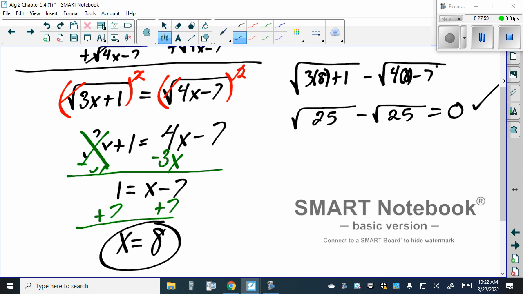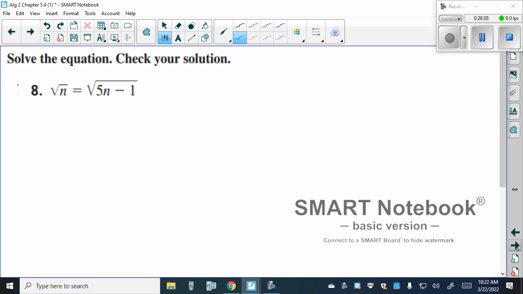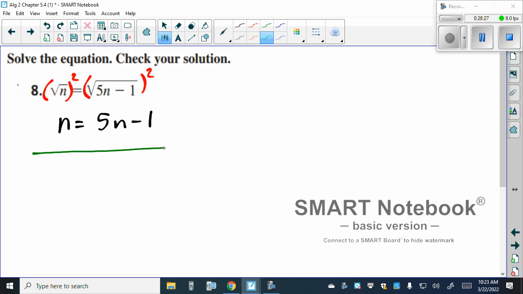Any questions on these? Let's see what's next. Well, that's the exact same thing, yes? So we can square both sides, telling us that n is equal to 5n minus 1, yes? Then we would what?